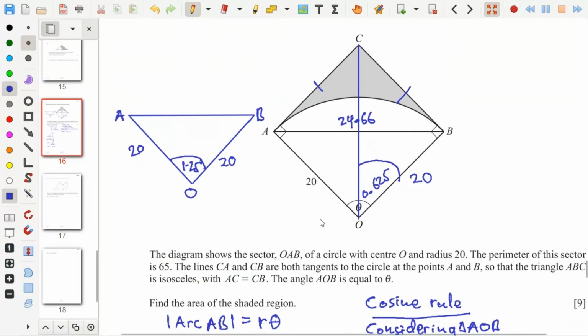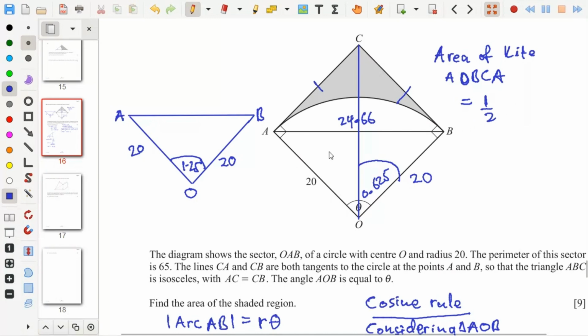So the area of the kite, this kite AOBC. You can bring back the original, so A. Okay, I've labeled my kite.